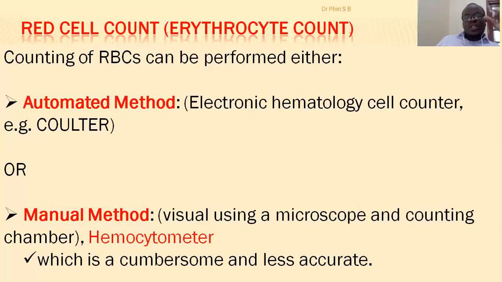It's also called a hemocytometer. The hemocytometer comes as a kit, where you have the pipettes for white blood cells. You also have a pipette for red blood cells. And on top of that, you have the improved Neubauer slide that you're going to use to count red blood cells, white blood cells, and platelets.